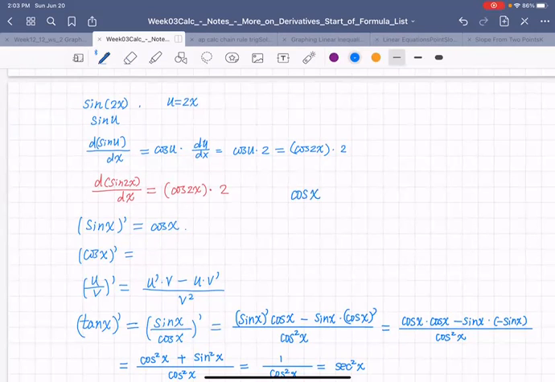Cosine x and sine x are called cofunctions. When we learned pre-calculus, how do we convert cosine x to something using sine?